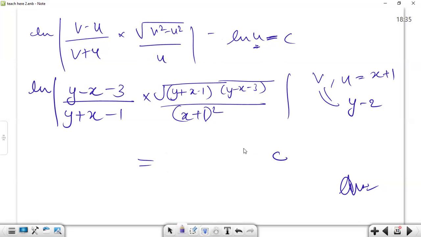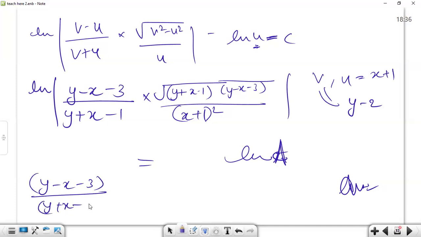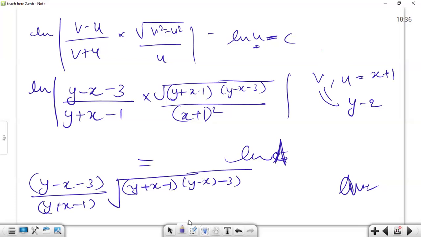Now c can be represented as a logarithm also, and it's not mandatory that we write c as c only, because it is written as a in the option, so we can do so. So y minus x minus 3 over y plus x minus 1 into integration of y plus x minus 1 and y minus x minus 3.